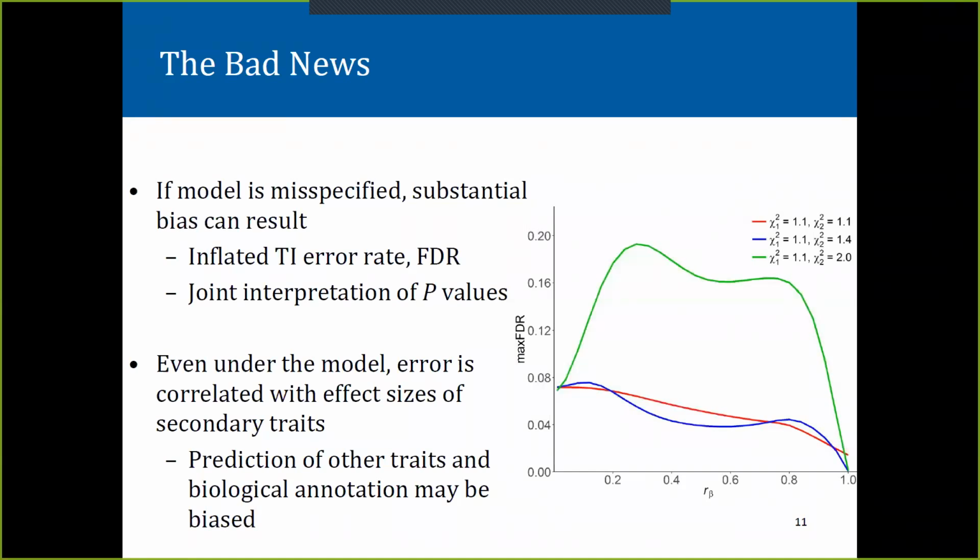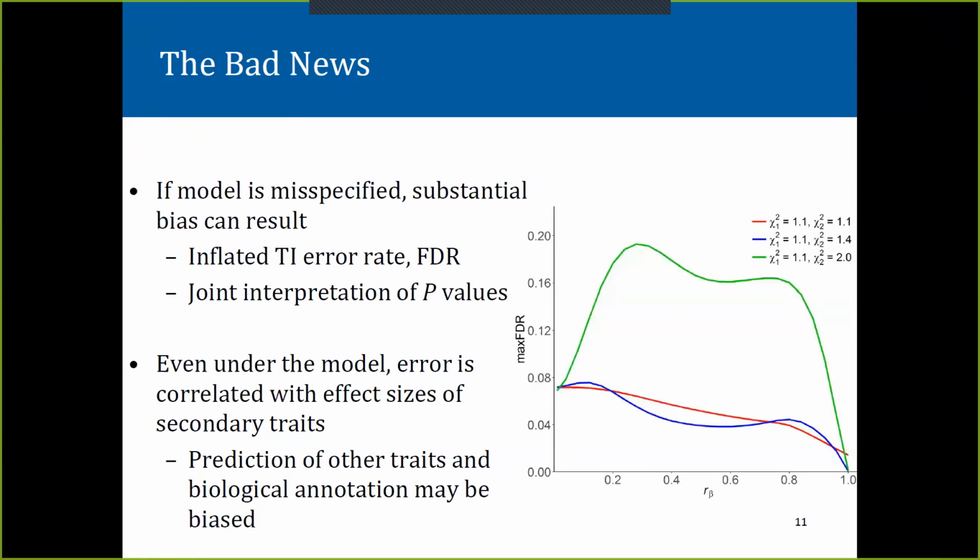Another thing you should be worried about if you're applying MTAG is that even if the model is well specified and you meet this homogeneous omega assumption, the errors in your estimate are going to be correlated with the effect sizes of the secondary traits. Normally when we think of the beta hats, we think, oh, it's truth plus some noise, but we think of that noise as being independent of everything.